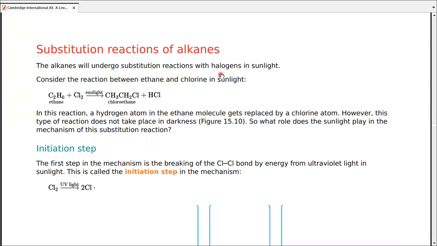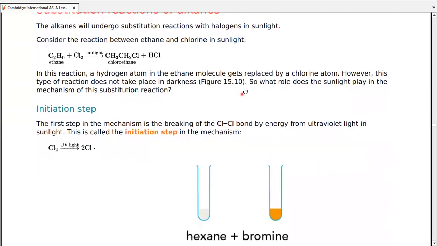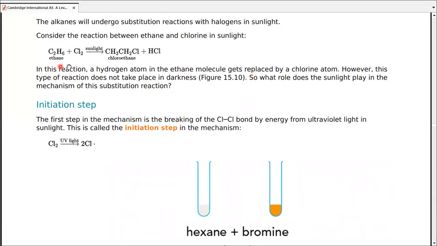So alkanes undergo substitution reactions in sunlight. This may also happen in simply UV light. A few of these reactions also happen under high temperature conditions, right? So sunlight actually provides the necessary energy to break down this chlorine molecule into chlorine free radicals, which are very reactive and actually start the whole reaction.